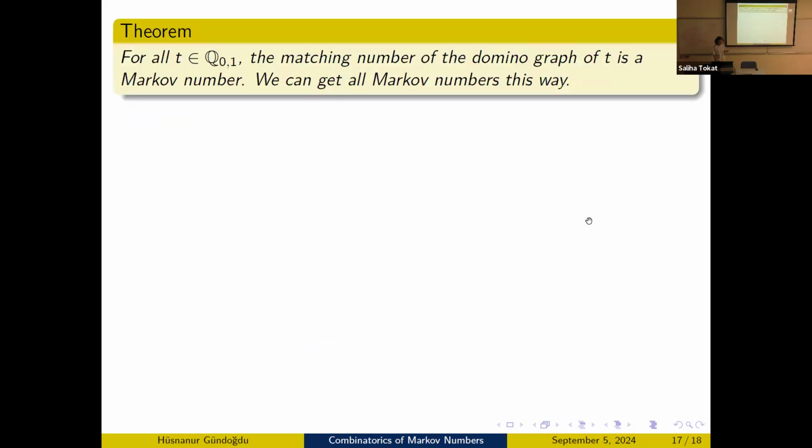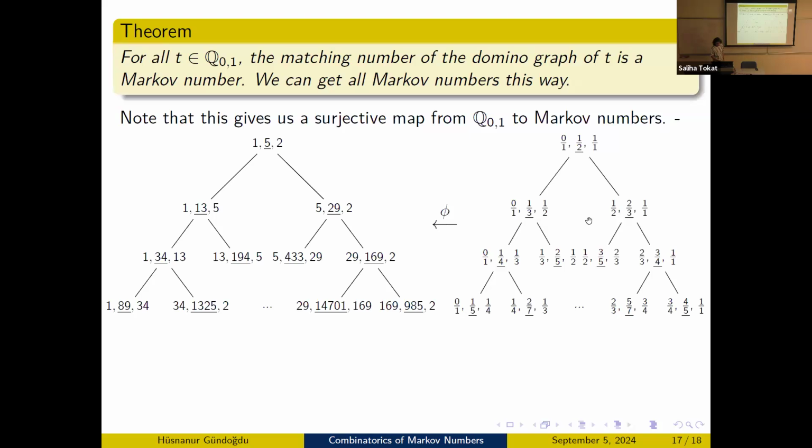The theorem says that for all rational numbers between 0 and 1, the matching number of the domino graph of the rational number is a Markov number. So you can get all Markov numbers this way. And we have a special relation: a surjective mapping between rational numbers and Markov numbers.